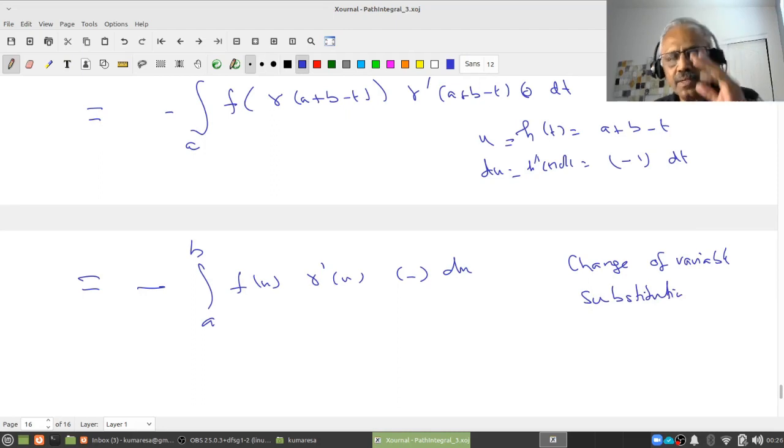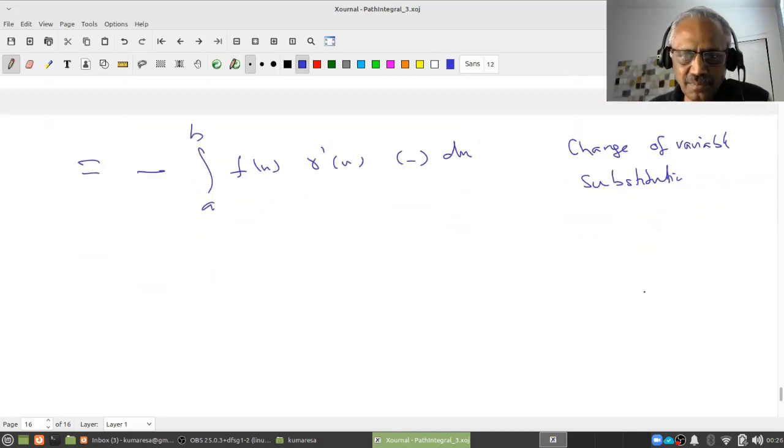If you have done your two variable calculus or vector analysis where you did path integral etc., you would already have gone through all these things, except you would have a dot product there, but the analysis arguments are exactly the same, right?